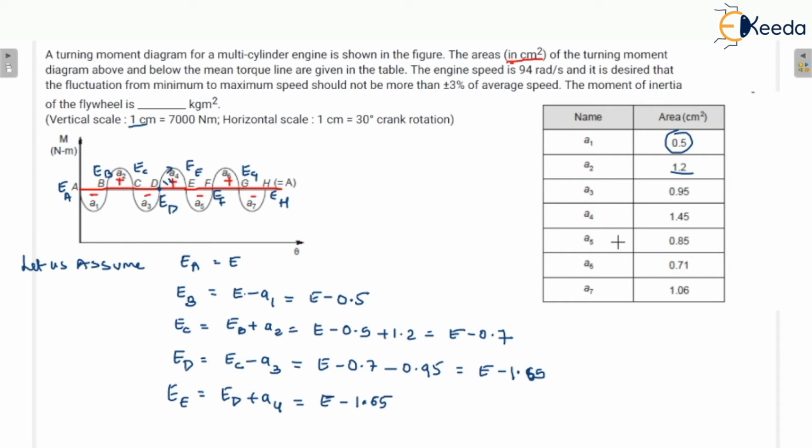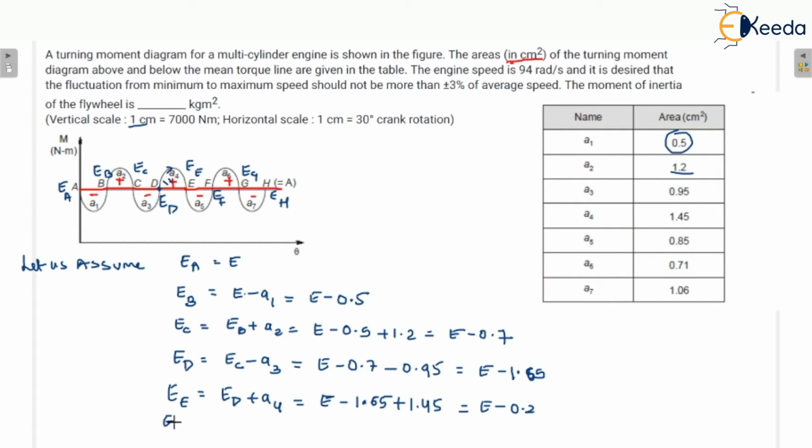A4 is in the table, you can see that is 1.45. So I can write here plus 1.45. When you calculate this, you will get E minus 0.2.